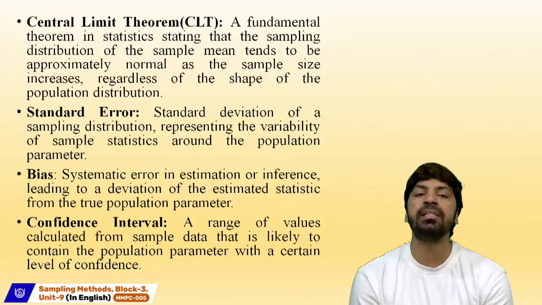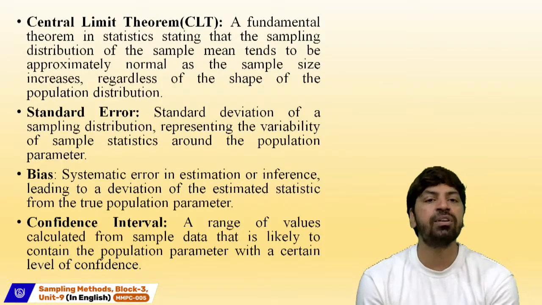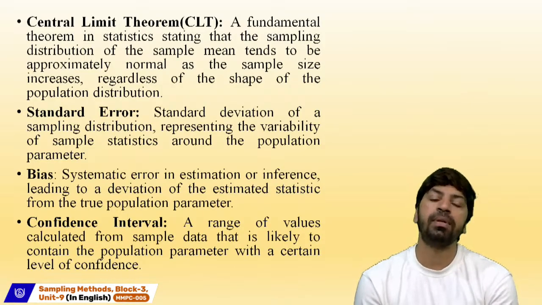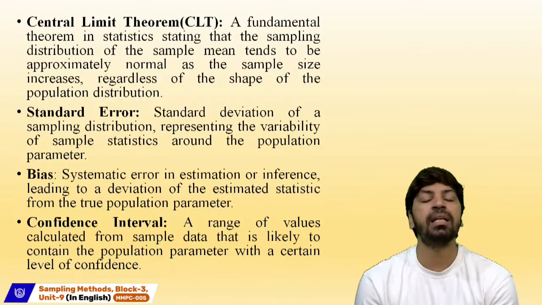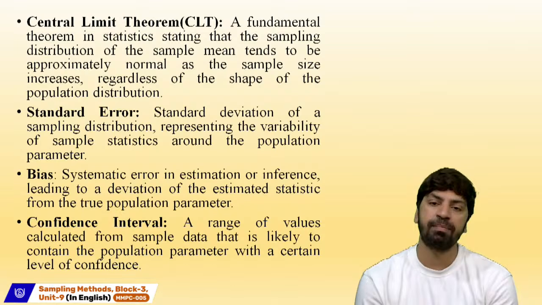And the next concept is a confidence interval. It refers to a range of values calculated from sample data which are likely to contain the population parameter with a certain confidence level, that would be 1% or 5%.